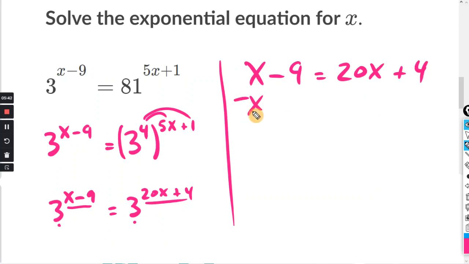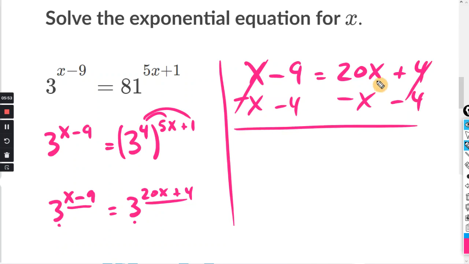Okay, minus x on both sides. Cancels here. Minus 4 on both sides, and it cancels there. You want to get the variables on one side and the constant numbers on the other. Negative 9 and negative 4 is negative 13. 20x minus 1x is 19x.